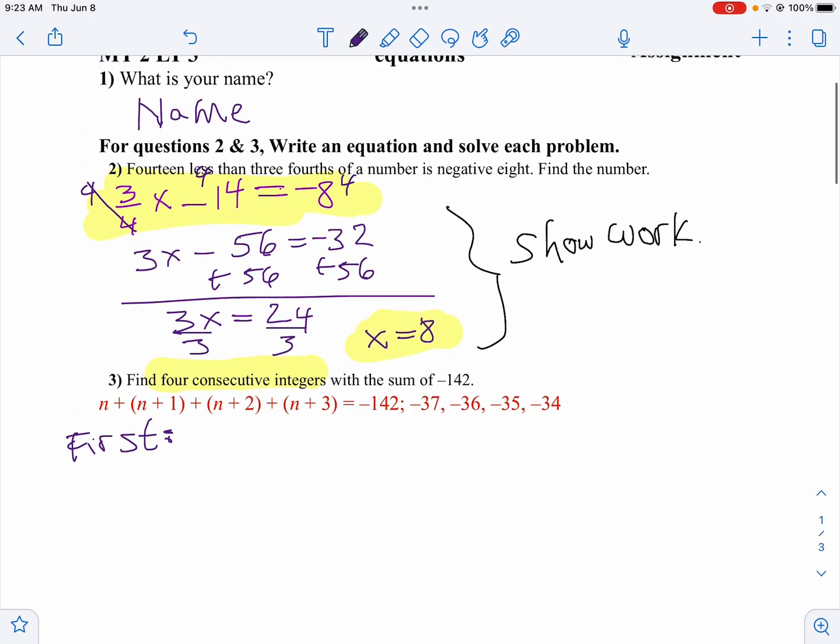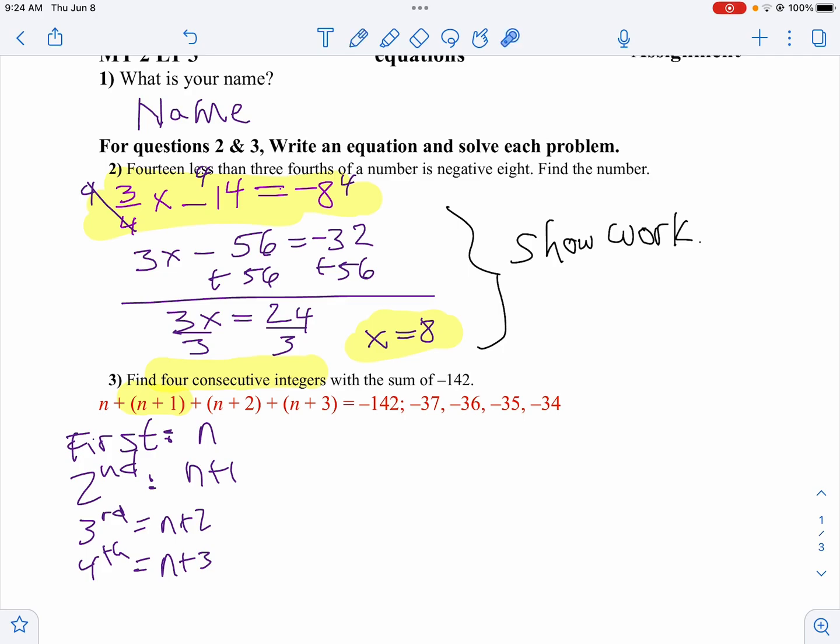My second one is going to be in a row, so it will be n plus 1. That's where we get n plus 1 in our equation. And then my third one is going to be n plus 2. And my fourth one is going to be n plus 3. That's where we get that from our equations.